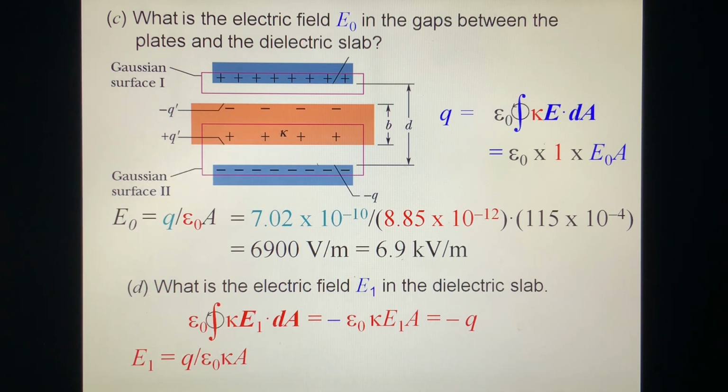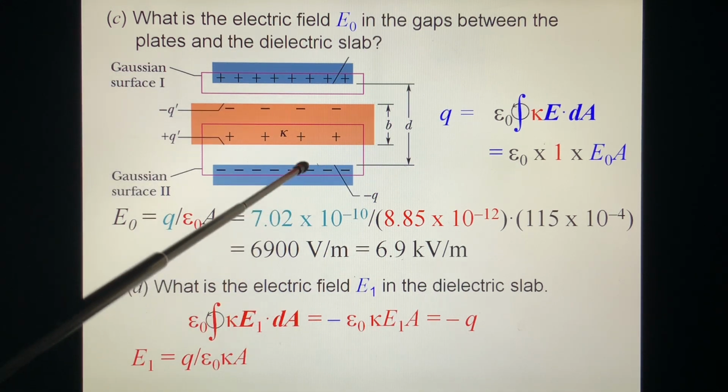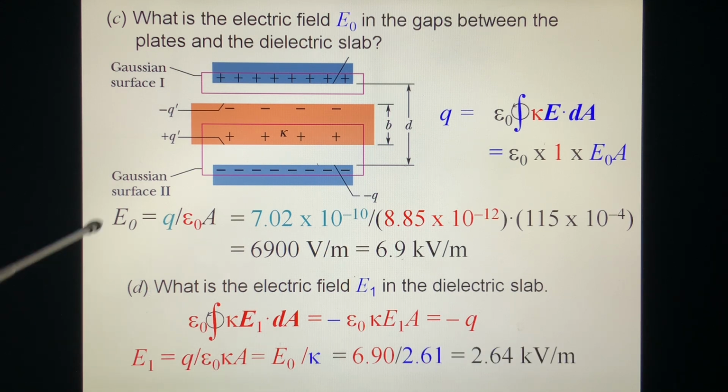That's the advantage of our formula. This formula only involves free charge, so we don't have to consider the induced charge here. Then we find E1 equals E0 over kappa. We know E0, so we just calculate, and E1 inside is reduced from 6.9 to 2.6.